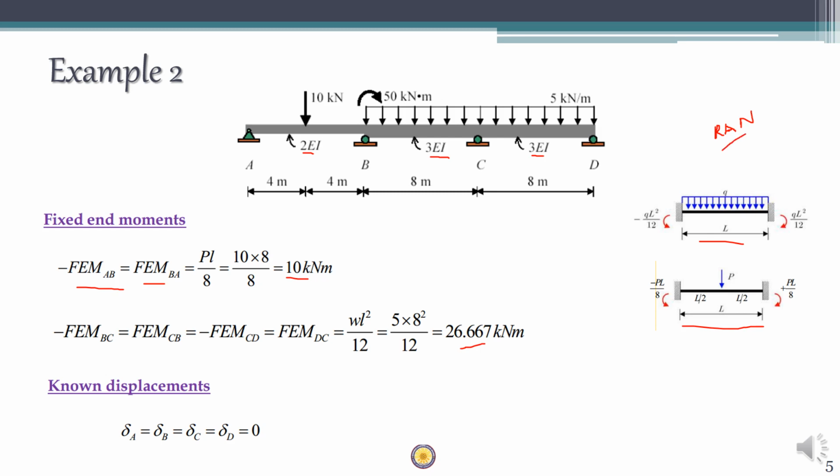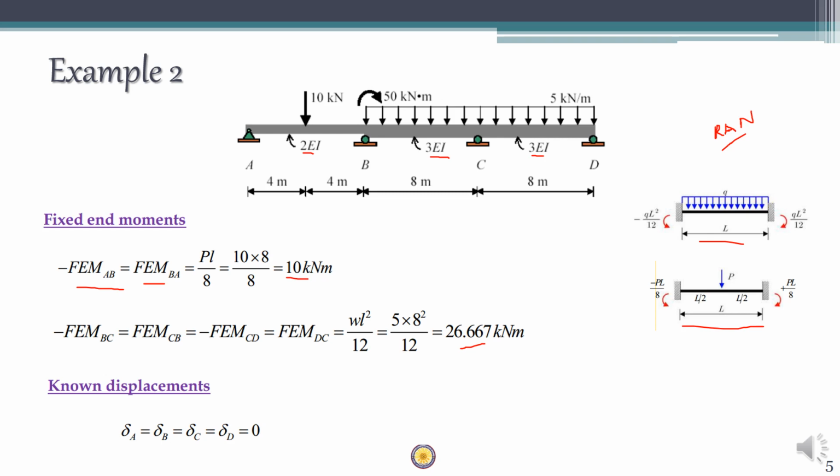Now we have to know the unknown displacements. Everywhere it is simply supported. So the only thing we can say is that at every point the vertical displacement delta A, delta B, delta C and delta D is equal to 0. However, at each point there will be some theta value.